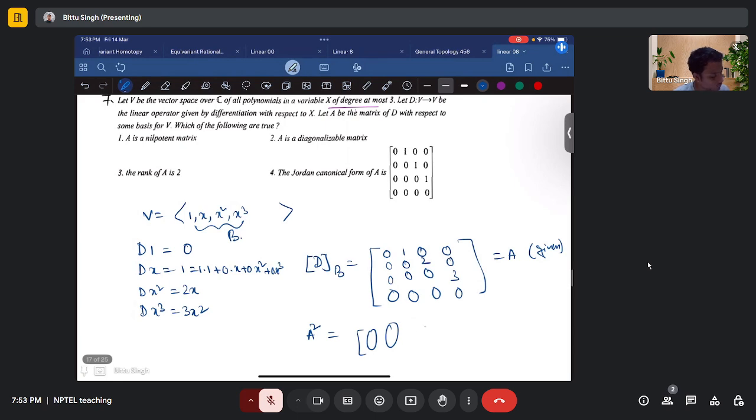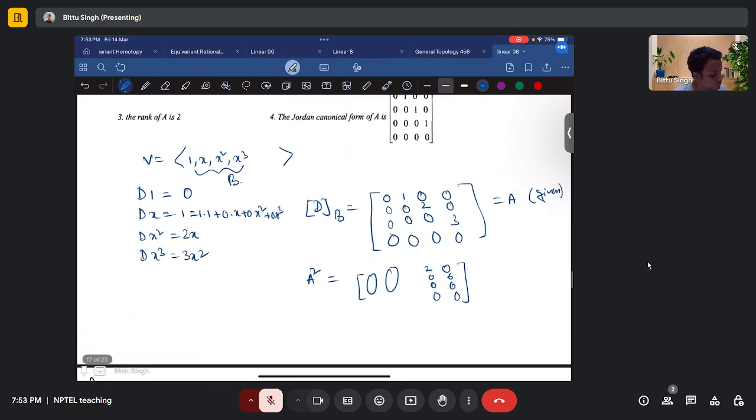First two entries are 0, third column will be 2 times the second. So it is 2 0 0 0, and fourth column is 0 0 6 0 0. Similarly, we can see that for A cube, it is just 0 0 0 and something non-zero here. Explicitly, the non-zero thing will be 3 times the second thing, which is 6.